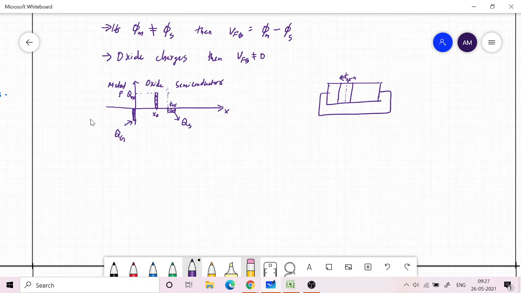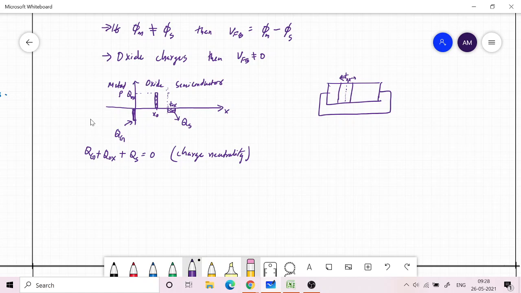For keeping the material neutral, if we add all these three charges together, let me write here itself, QG plus Qox, everything per unit area, plus QS is equal to zero. This is due to the charge neutrality, and that has to be satisfied.